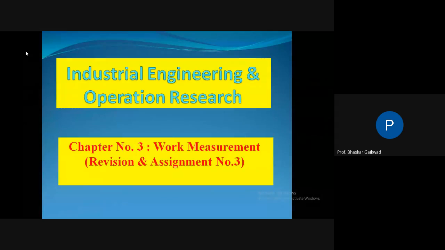So what are the techniques in work measurement? Few techniques are there. We have already studied the stopwatch method and work sampling. The stopwatch method we can normally use for job production, and the sampling method we can use for mass production levels.